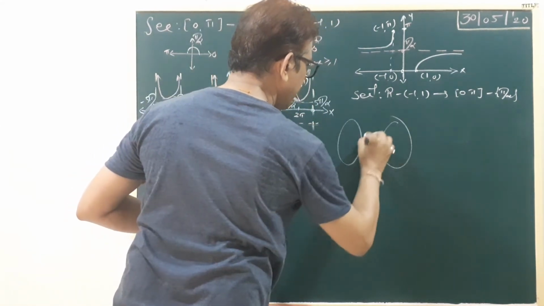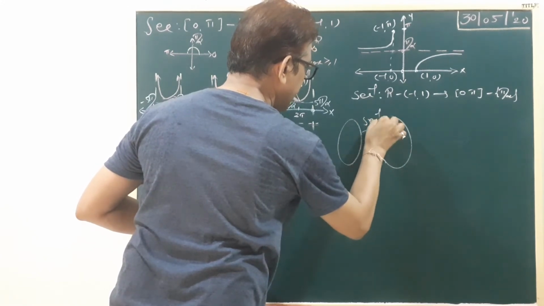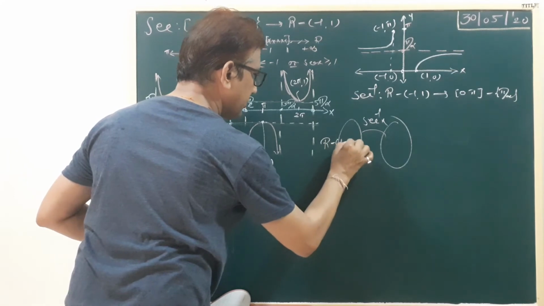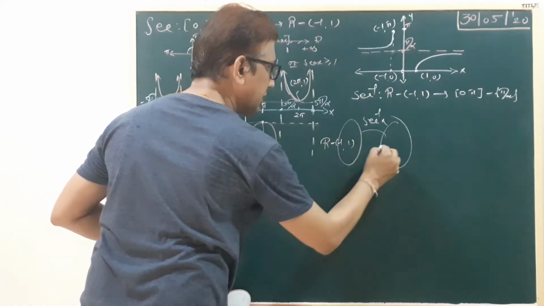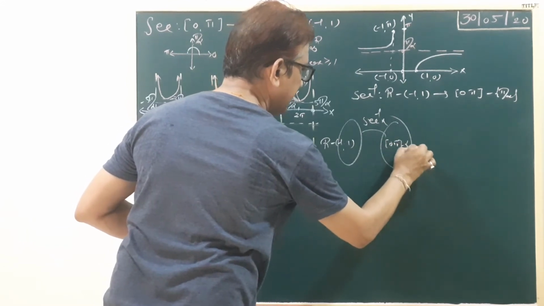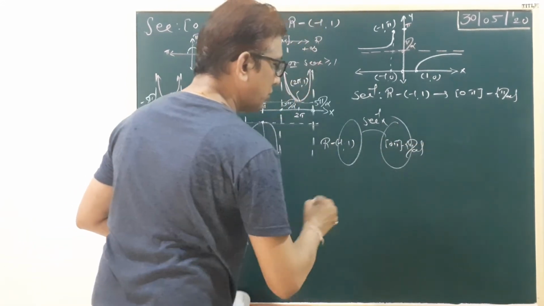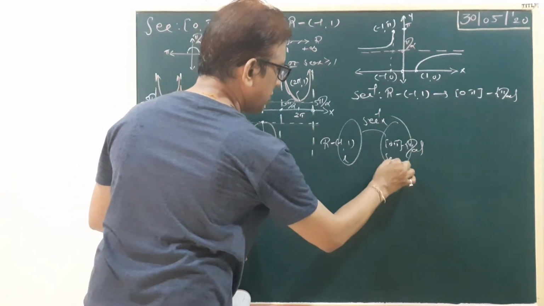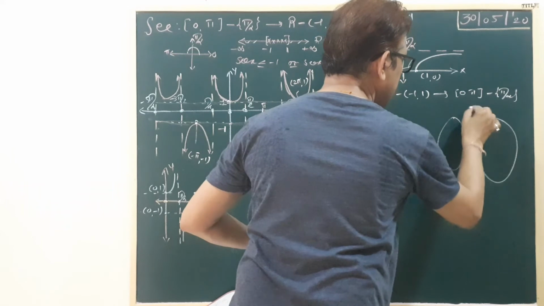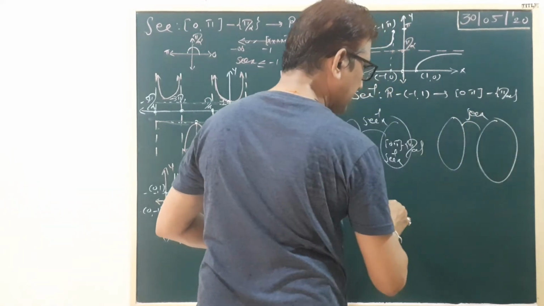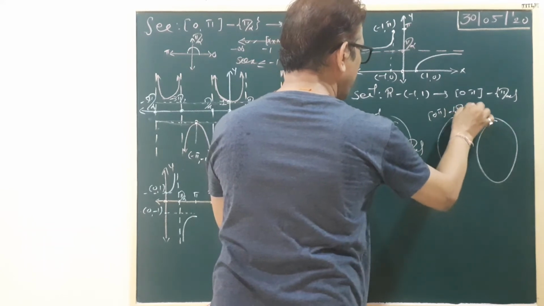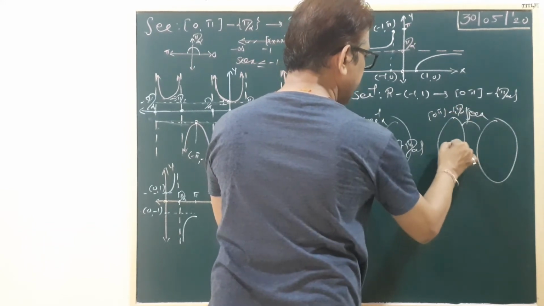Give an example. Suppose sec inverse x: this is your R minus the open interval minus 1 to 1, and here 0 to pi minus pi by 2. This is your x, and this is your sec inverse x. Now sec x: here 0 to pi minus pi by 2.